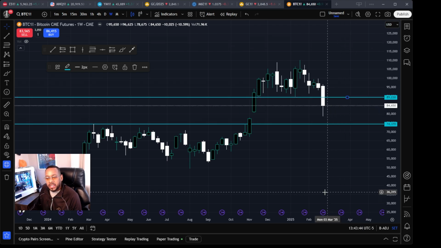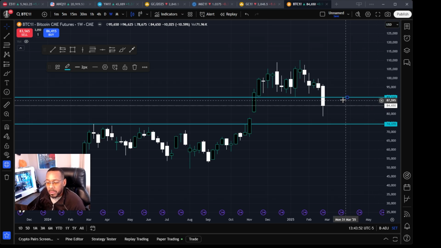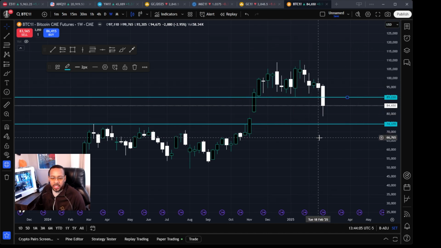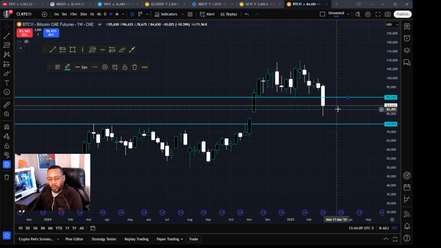Get a confirmation that it's going to continue down, clean up 74,370. If we do not get that, like a daily close above this weekly, daily close above 89,230, I would really be looking for price to continue down to finish cleaning up what's left of this imbalance.